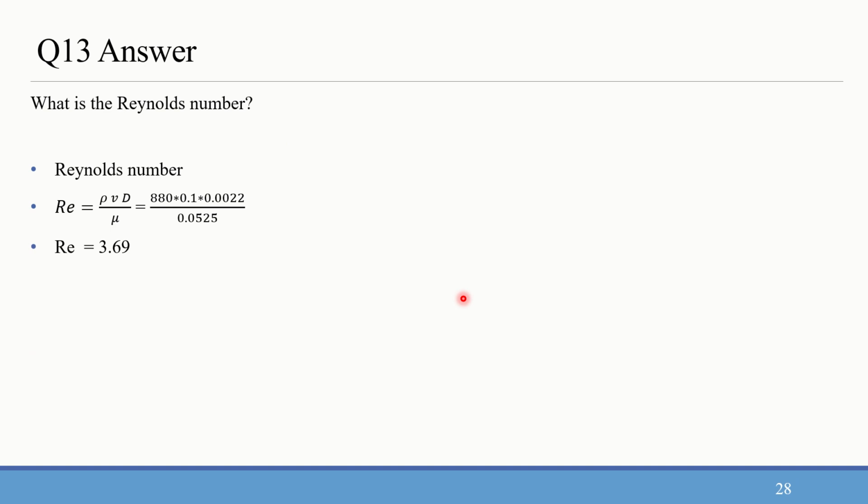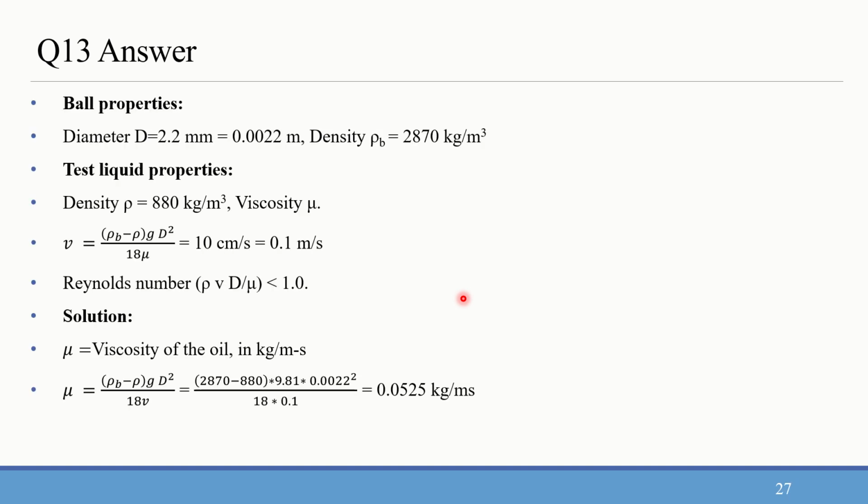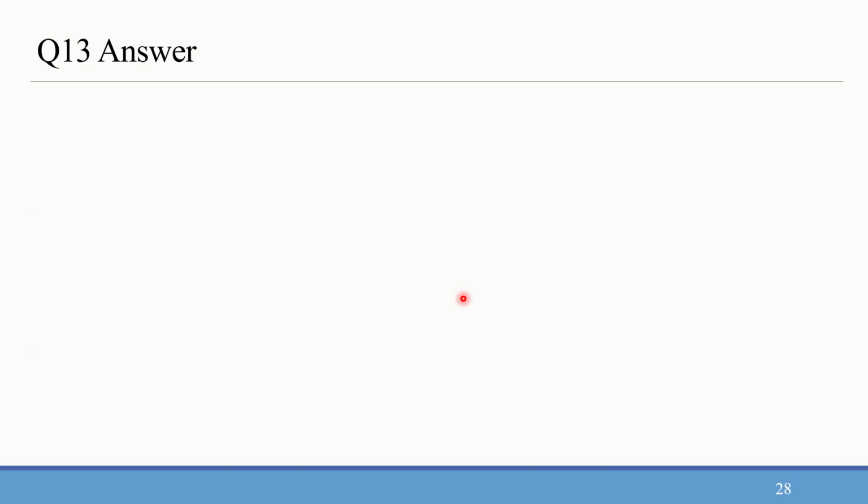I mean, even then it will be high, but if instead of 0.5 centimeter it is 2 centimeter, what will happen? It will be 0.02. We will have 0.2625 kg per meter second as viscosity.